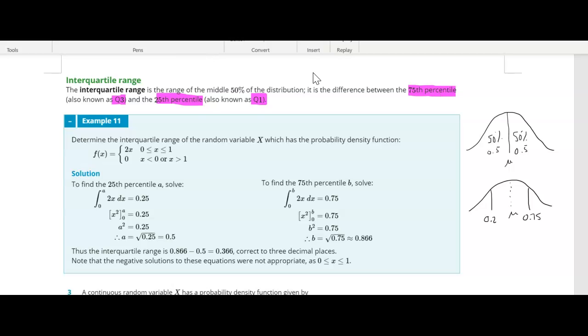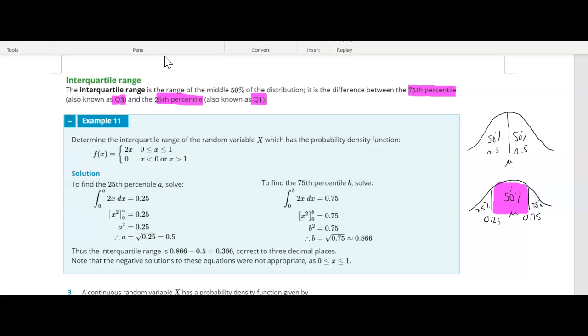And then the middle part, this bit here, is 50%. That's your middle 50%, and this would be 25% here and 25% here. So that's where the 0.25 and the 0.75 come from.